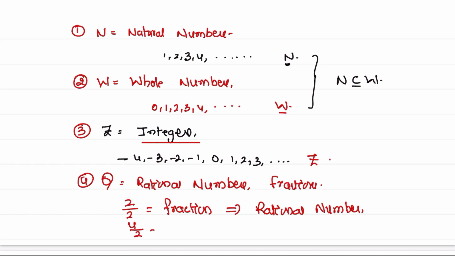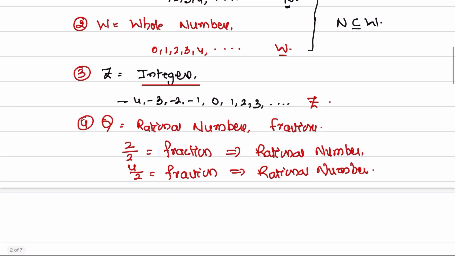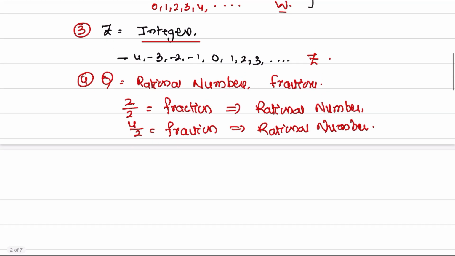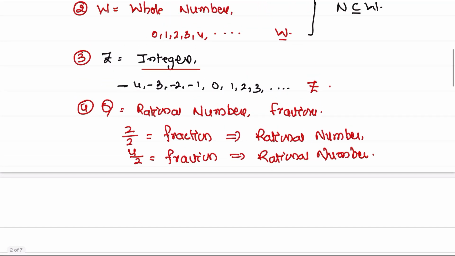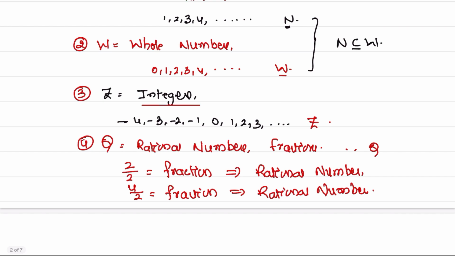Four by 2 is a fraction, which implies it is a rational number. That means all the integers can be expressed in the form of a rational number, p by q. P can be any integer, q can be any integer. This is represented as Q, rational numbers. Now you tell me, N, W, Z are all subsets of Q.